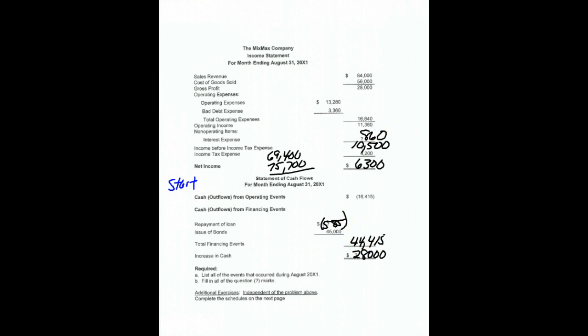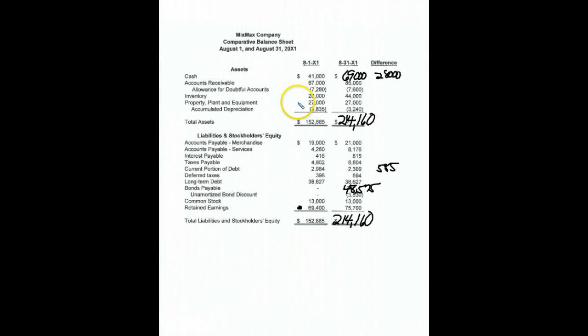Now, I also want to address the new kid on the block for this assignment. It has to do with bonds. So bonds would have been issued at $45,000, and it's really kind of an odd entry because they're telling us cash came in for bonds of $45,000. And then bonds payable would have been credited for the face amount of the bonds. Well, let's go to the balance sheet because we put the face amount of the bonds in the bonds payable account. And it's an odd number.